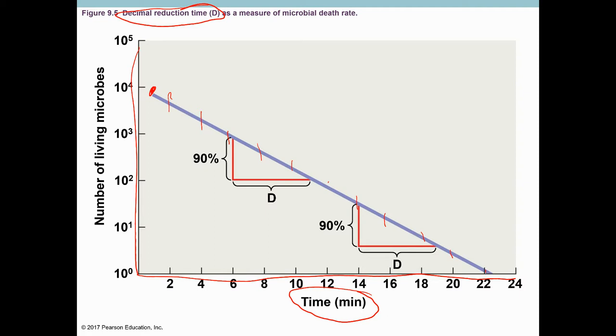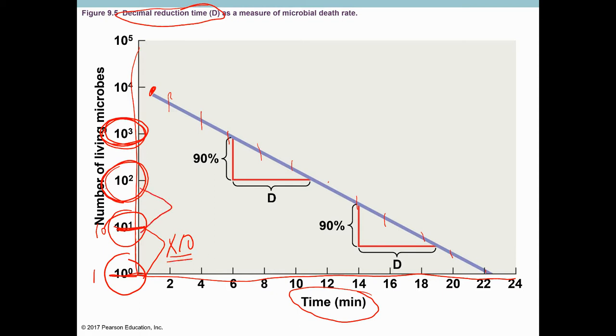And what you would be plotting is the death rate. Since each of these points on our scale of number of living microbes is exponential, the difference between any step to the next step is a tenfold difference. So the difference from 1 to 10 is a times 10. The difference from 10 to 100 is a times 10, and so on.